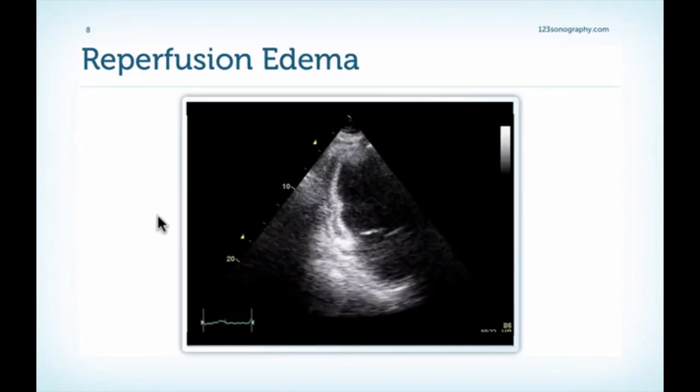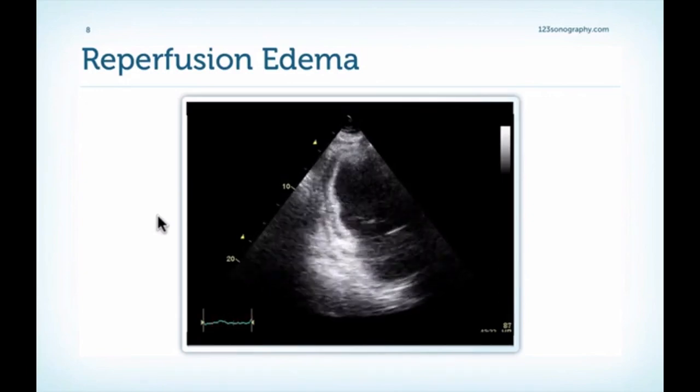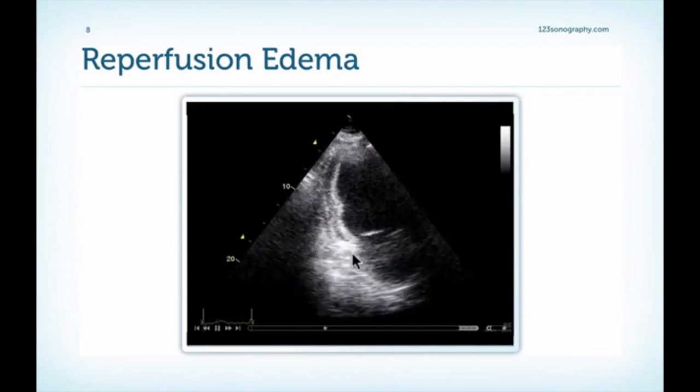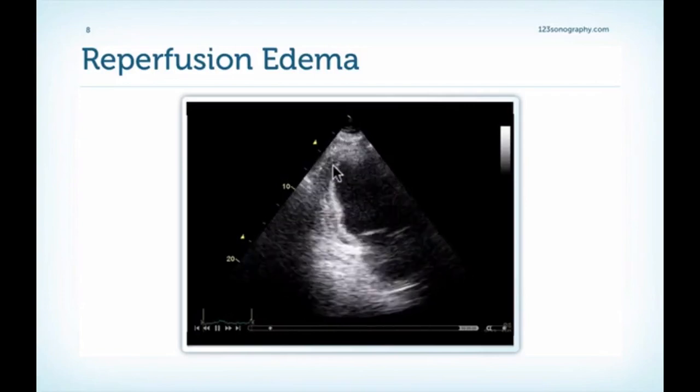Can we actually see these changes in two-dimensional echocardiography? Yes, we can. This is a patient who was admitted to our hospital because of an acute inferior infarct. The patient went to angiography and the right coronary artery was reopened within 1.5 hours. What you nicely see is that the patient has akinesis here in the inferior basal, mid, and distal wall.